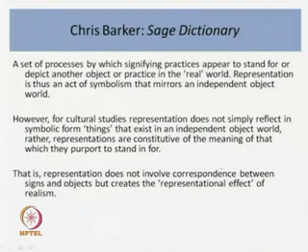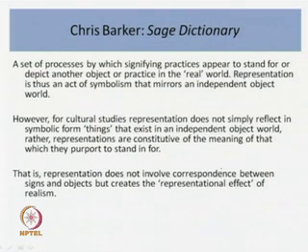A set of processes by which signifying practices appear to stand for or depict another object or practice in the real world. Now, look at the kind of words that are being used here by Chris Barker. Okay?